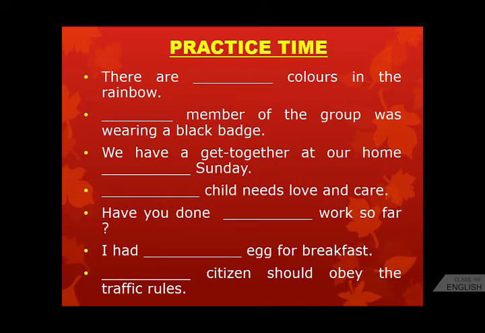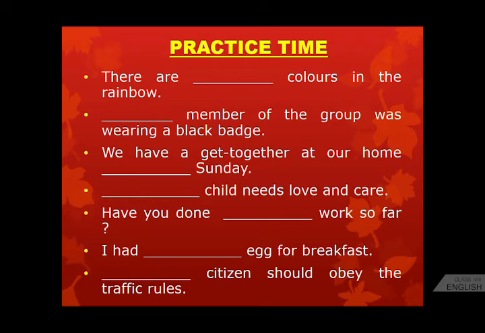So we have to write there are many colors in the rainbow. Second one, dash member of the group was wearing a black badge. Here the member of the group means it's a definite number. So we have to use each member of the group was wearing a black badge.